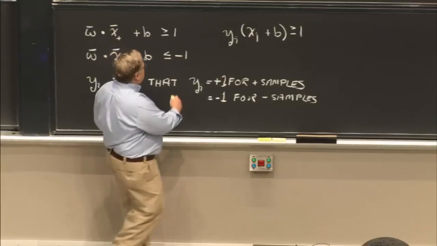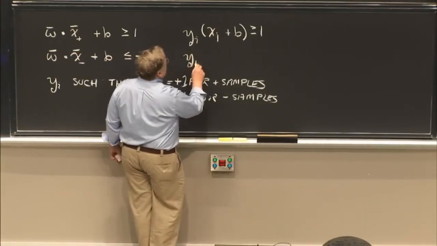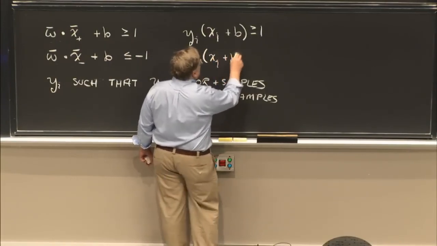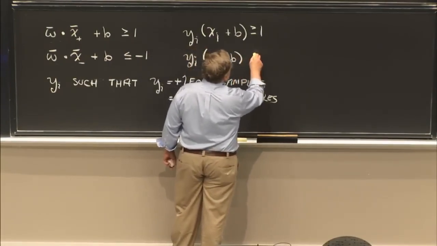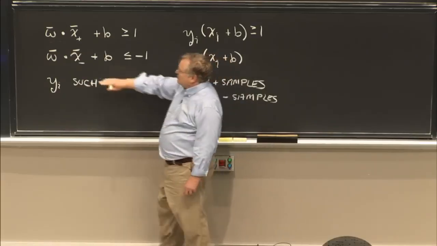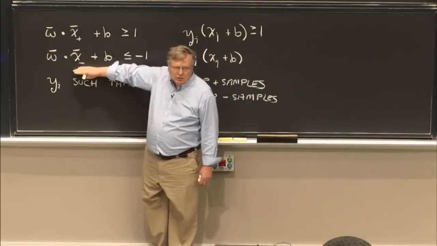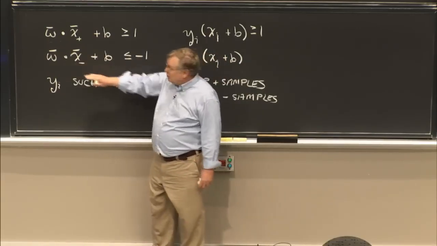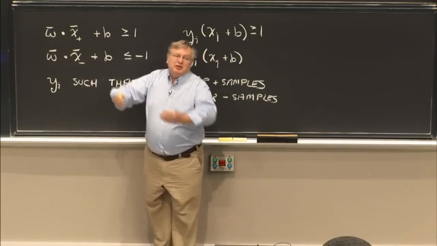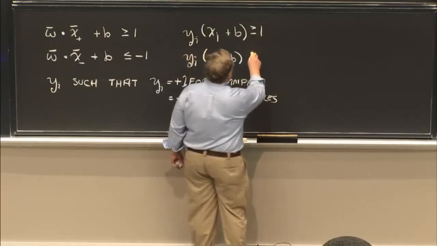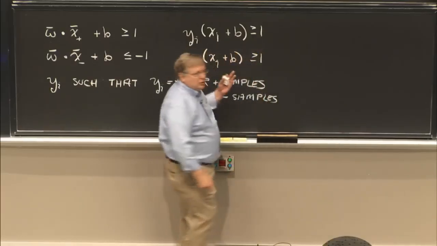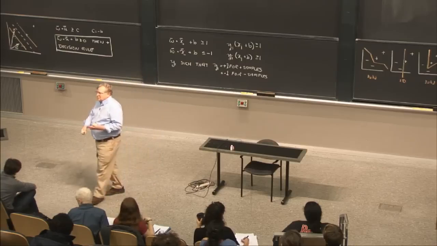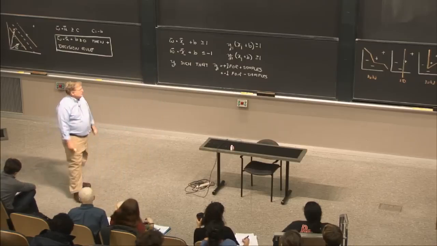So the second equation becomes y sub i times x sub i plus b. And now what does that do over here? We multiplied this guy by -1. So it used to be the case that that was less than -1. So if we multiply it by -1, then it has to be greater than +1. Oh, oops, the two equations are the same, because of this little mathematical convenience we introduced.